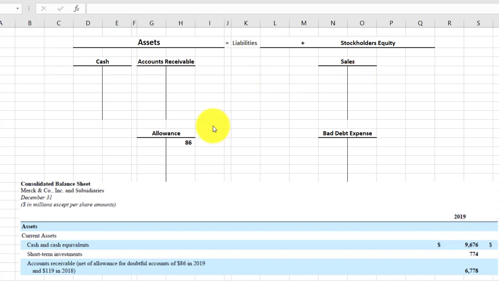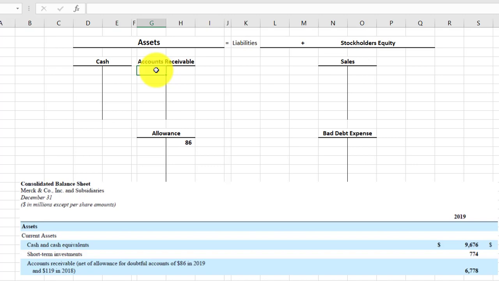So we have accounts receivable net of allowance for doubtful accounts of 86. So at the end of 2019, our allowance was 86. It says that our net is 6,778. So our accounts receivable is not 6,778.